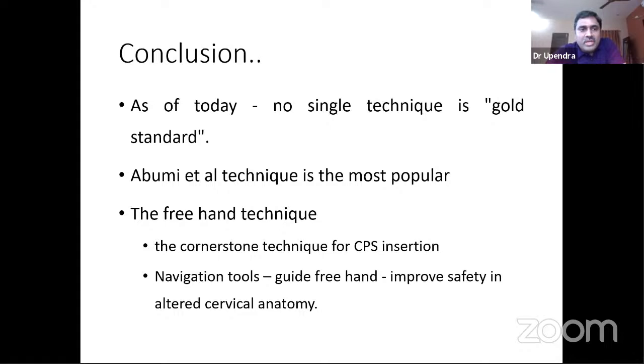So to conclude, I would say that as of today, there is no single technique as standard. The Abumi technique is the popular and the most followed one. The freehand technique has to be the cornerstone for insertion, and tools have to guide the freehand technique and improve the safety when there is altered cervical anatomy.